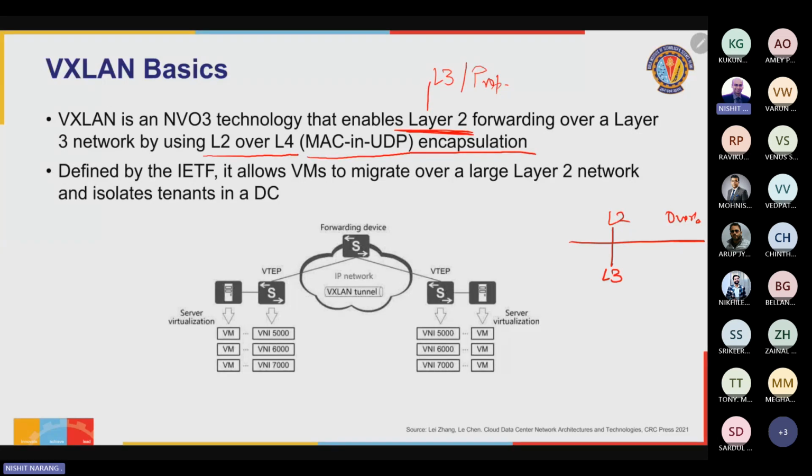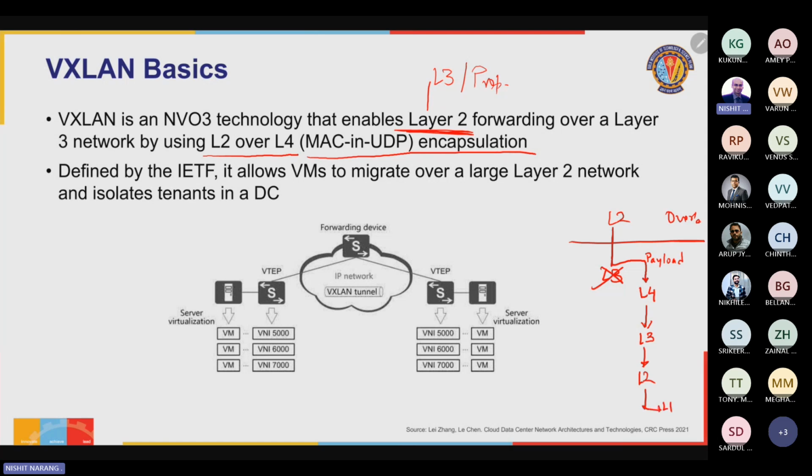No. Actually, what VXLAN does, and I'll answer later why it does so, is take the L2 frame, treat it like payload, and first put it into an L4 header. It treats it as if it's application payload coming to the transport layer. Puts it in an L4 header, which then goes through L3, which is IP, and then goes to L2, and then over the physical link L1.